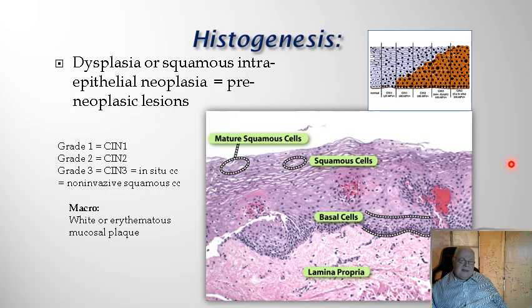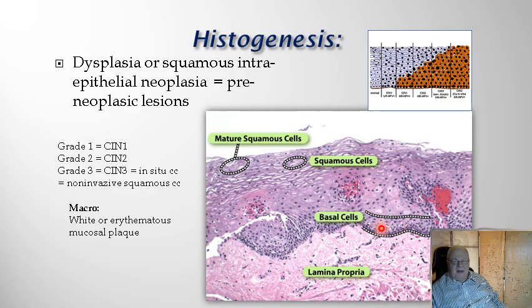Here is another problem extremely easy to be confused for you, for students. It's the fact that before developing a squamous cell carcinoma, we have a proliferation of the basal cells.